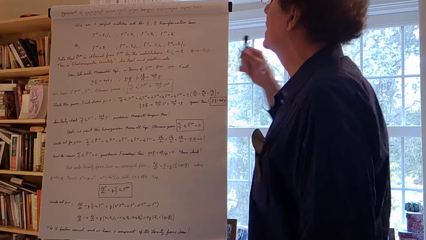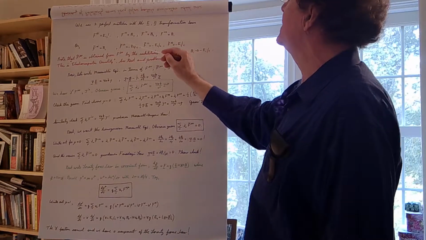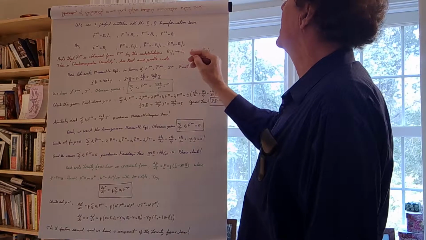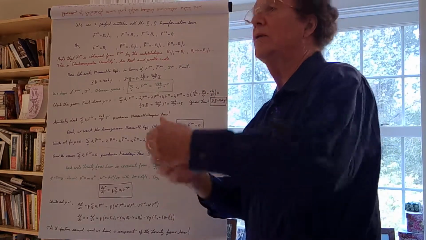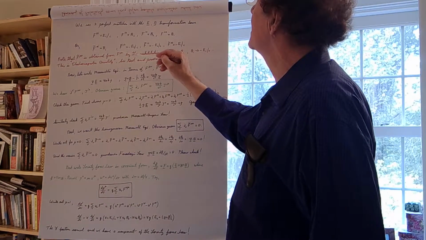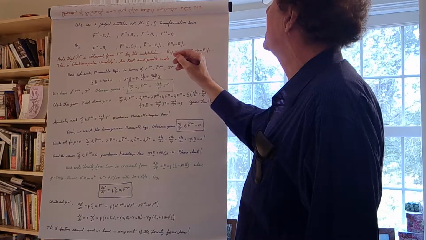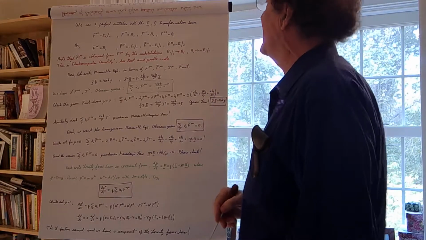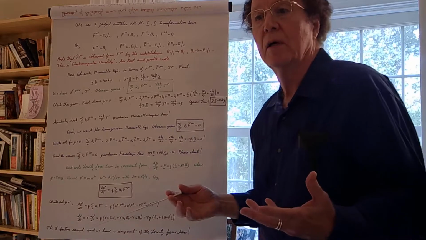I can let F0i be E's and the Fij's be B's, or I could turn it the other way around and let the F0i be B's and the Fij's be E's. Either way works, right?